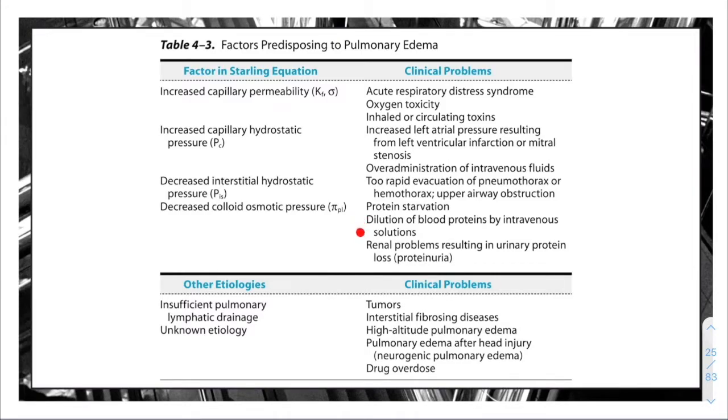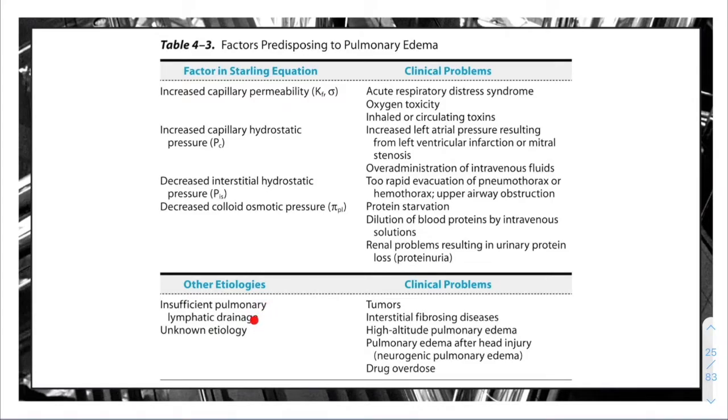Dilution of blood proteins by intravenous solution, or renal problems resulting in urine protein loss, proteinuria, like in patients with nephrotic syndrome. Other etiologies would be problems in the lymphatic drainage. We mentioned that any fluid that goes to the interstitial spaces will be taken care of by your lymphatic system.